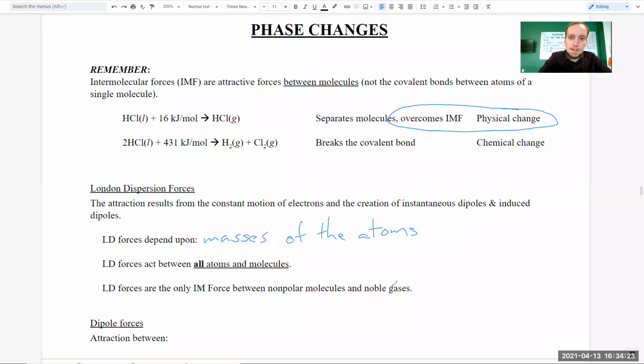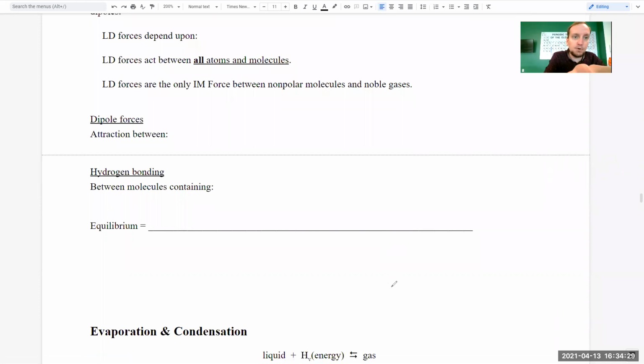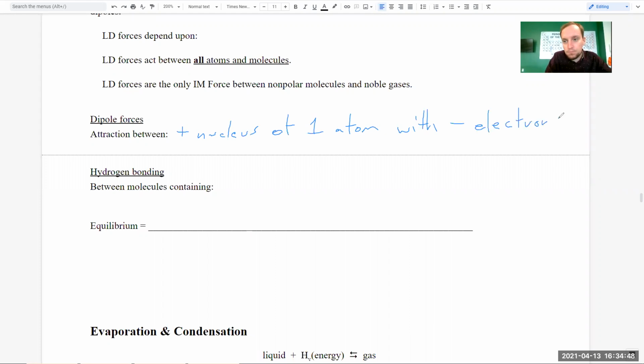Okay, moving on. What we have next is the dipole forces. Okay, so dipole forces, again, are attraction between the positive nucleus of one atom with the negative electrons of another atom.